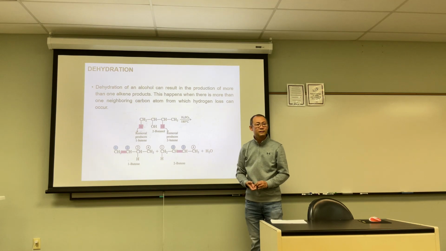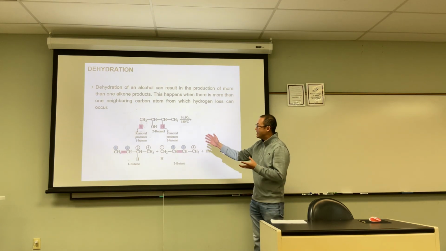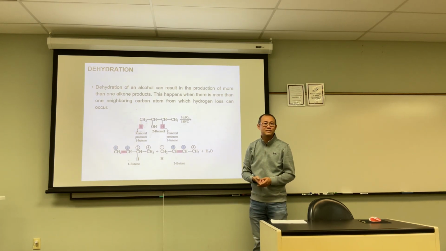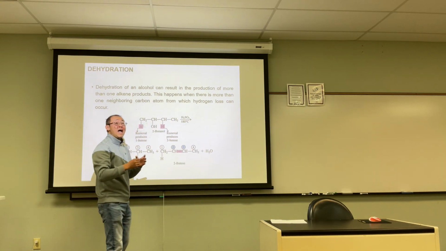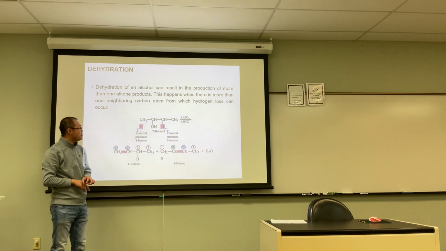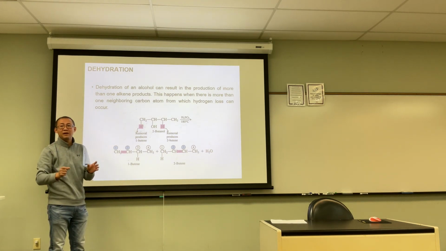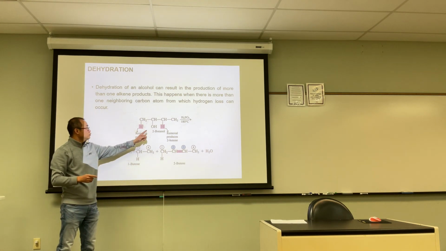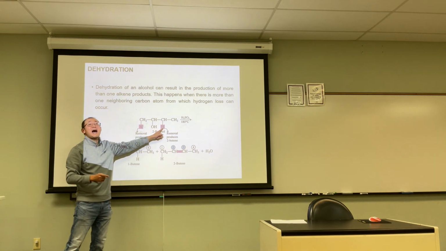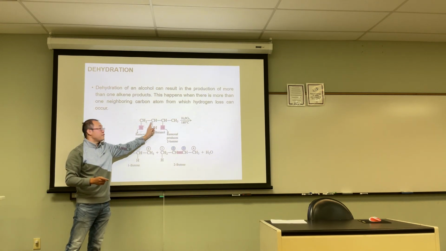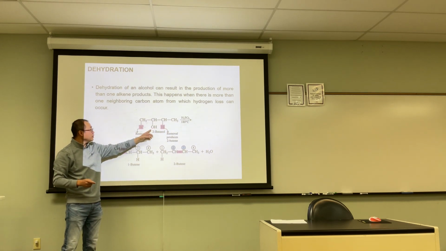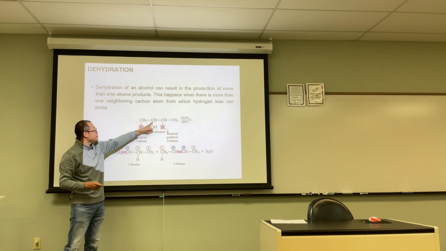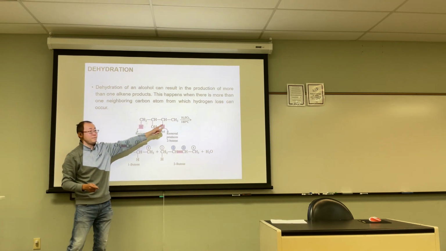Next. I know some of you already have this thought or want to ask this already. When dehydration happens, there's a possibility that the neighboring hydrogens are from 2 carbons. For example, in this molecule, the OH is here. It's called 2-butanol, 4 carbons, right?